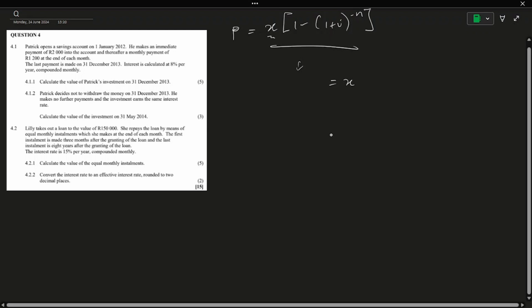So we are solving for x in this case. So that's x being equal to 1 minus (1 plus the interest, which was 15% compounded monthly. So that's 0.15 divided by 12.) We found our real N to be 94. So this is going to be negative 94. And then divide this by I, which is 0.15 divided by 12.